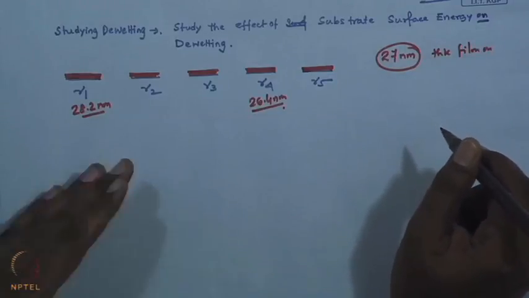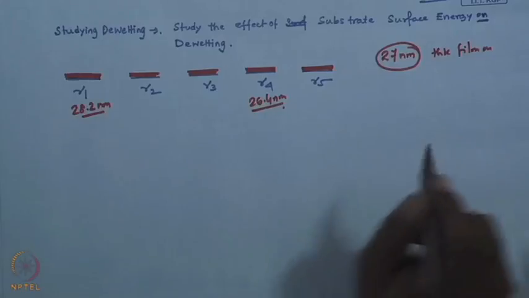Reality is that across individual samples, the way you have processed it, the thickness will vary from one sample to other sample. So, it is perfectly fine, a lot of experiments are done in this fashion, but this all accumulates to the experimental error that you see, the errors in observation in experiments.